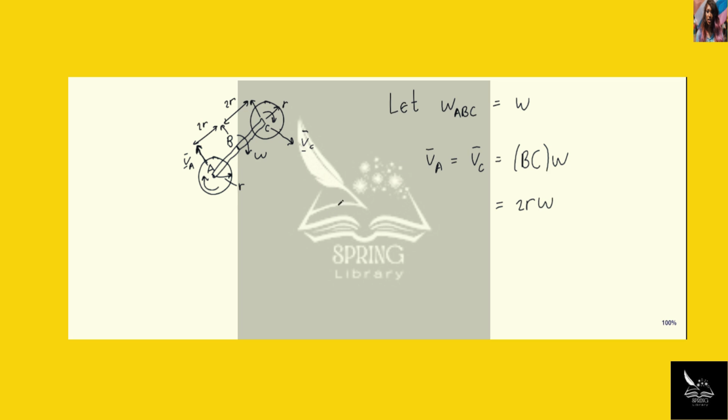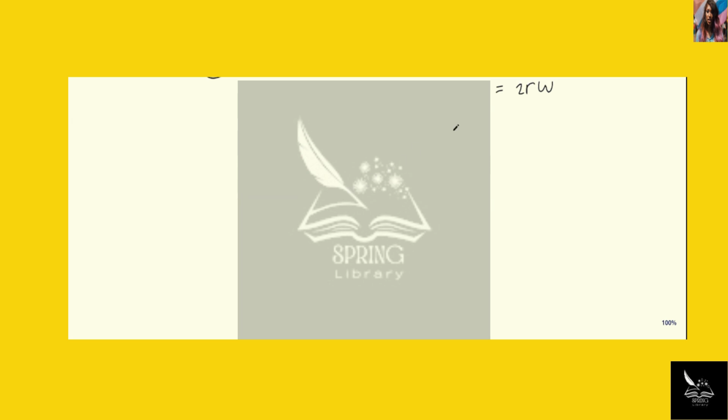And since gears A and C roll on the fixed gear B, the angular speeds for A and C are equal. Omega A is equal to omega C is equal to V C over r. And this is 2r omega over r, and so this is 2 times omega. So the angular speeds for A and C are twice the angular speed for the rod ABC.